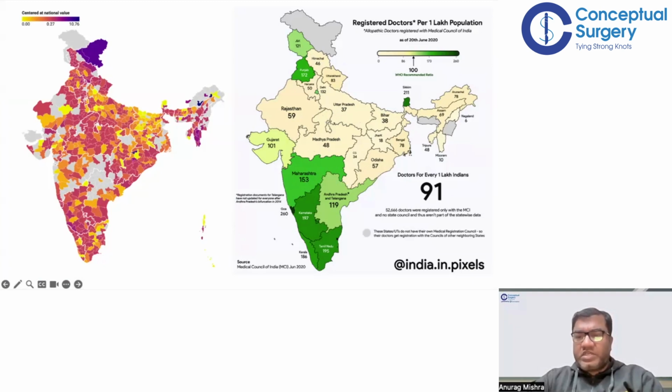There are some parts which are much less, around 30 to 40 or 70, and then there are some parts which have 150, 172, 195, 197. So again, the overall country data might be okay, but this is the problem: a big chunk of mainland India doesn't have an adequate number of surgeons and doctors.